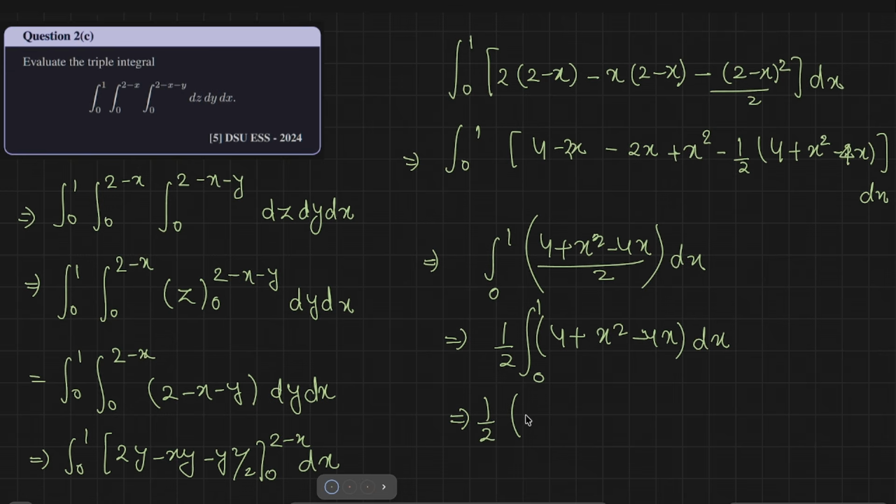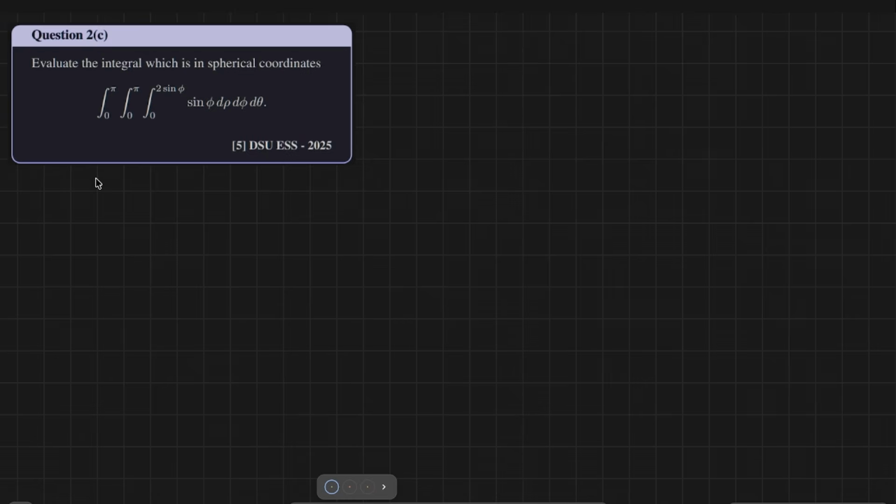Now take 1 by 2, 4x, plus x cube by 3, minus 4x square by 2, from 0 to 1. You put this limit and you will get the solution as 7 by 6. This is how you can solve. It is very easy. You have to start from the last. Clear?